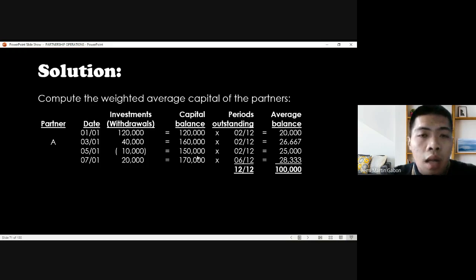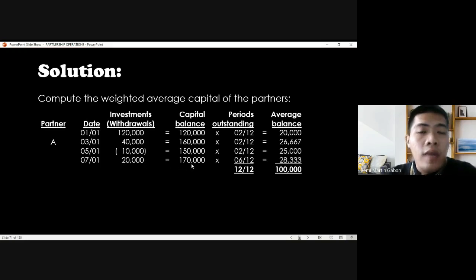Then after considering the 40,000 investment and 10,000 withdrawal, nagkaroon ulit ng another additional investment. And afterwards, 150,000 nadagdagan daw ng 20,000, nagiging 170,000 na siya.